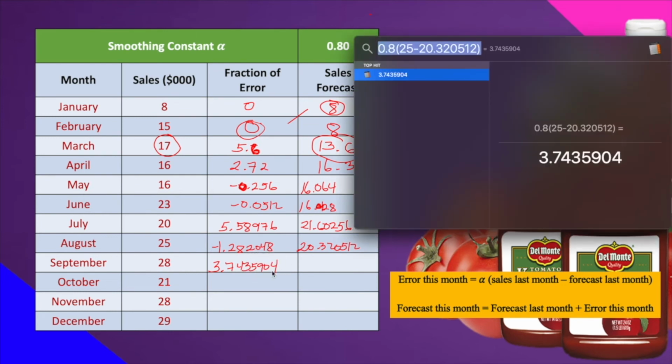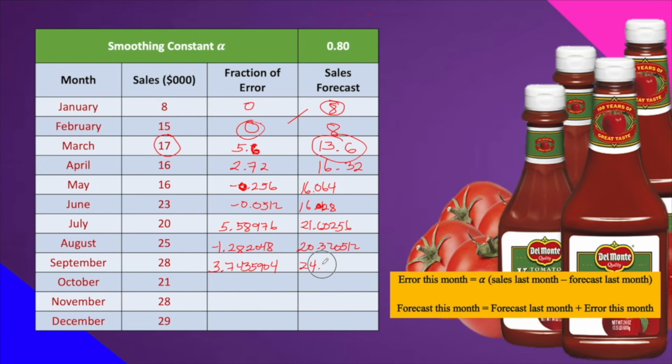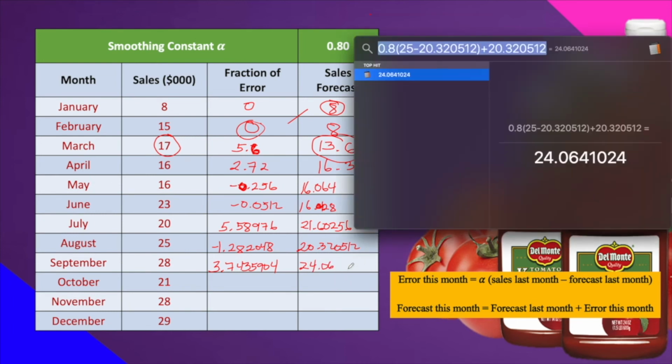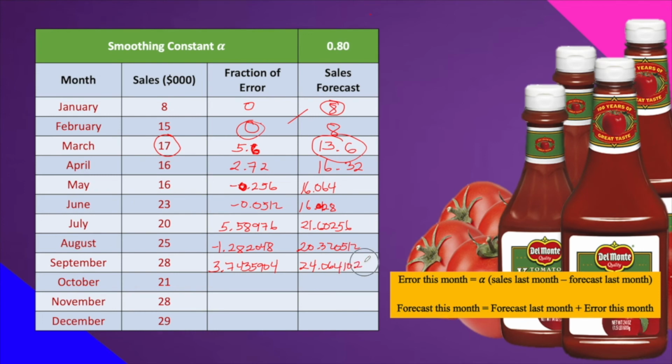Okay, and let's add this sa ating nakuhang sales forecast last month, 20.32051. Answer, we have here 24.0641024.